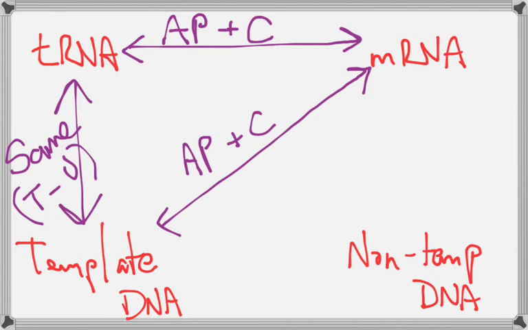U's in RNA, T's in the DNA. So if we look at this anticodon here, in the 3 to 5 direction it reads ACU. Well, the template DNA in the 3 to 5 direction reads ACT. Same thing, just T's and U's are switched.